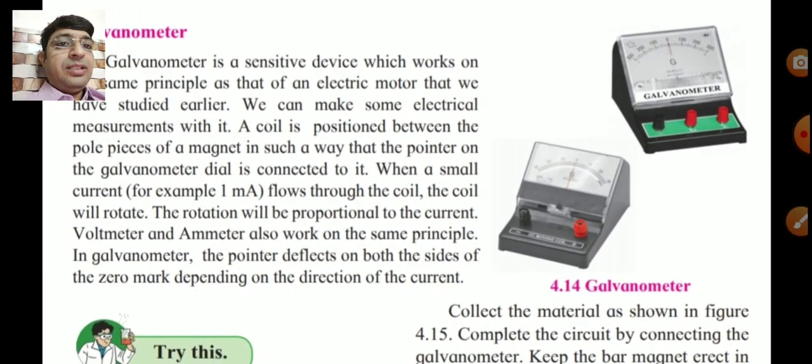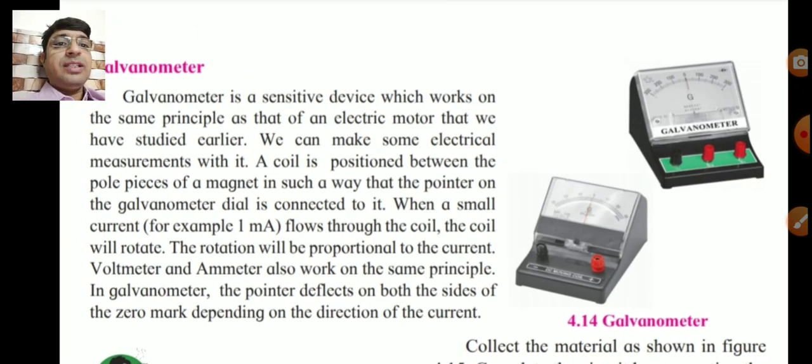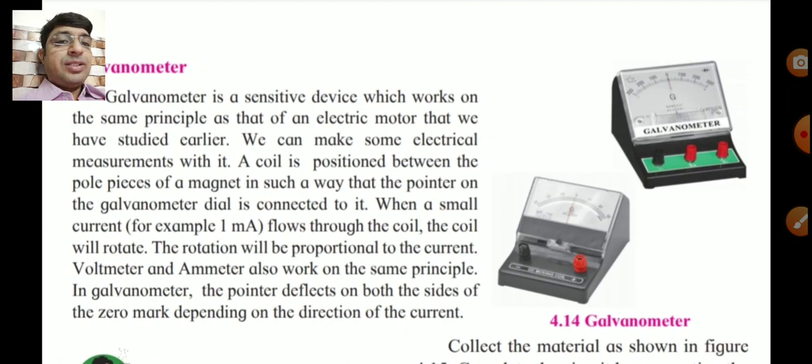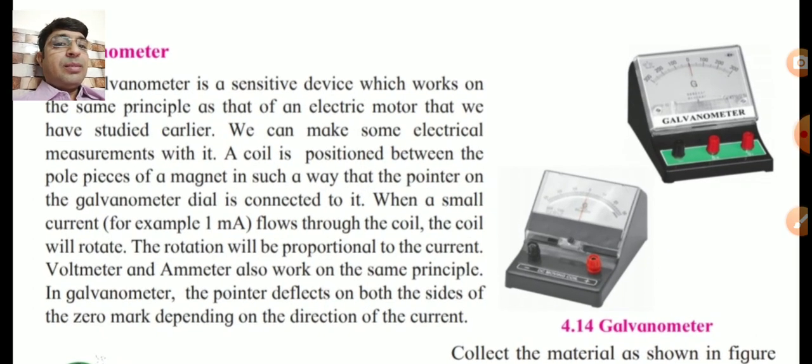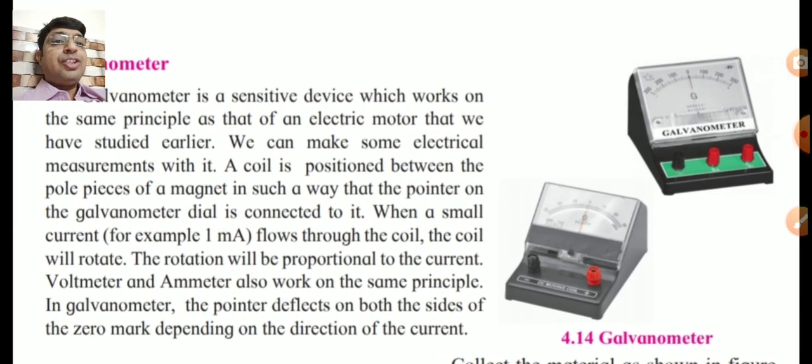So galvanometer is a sensitive device which works on the same principle as that of an electric motor that we have studied earlier. We already revised the principle of electric motor some time before. We can make some electrical measurements with this instrument.